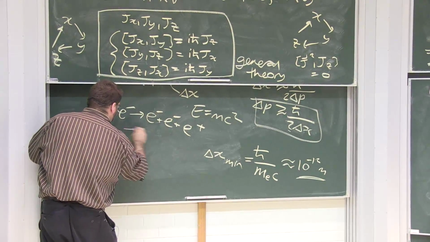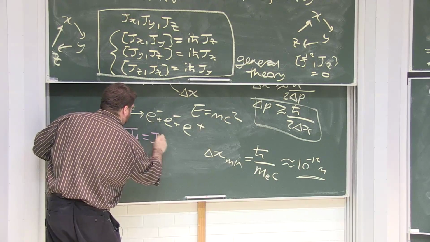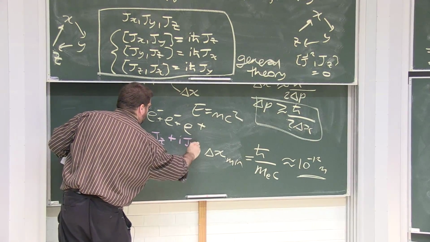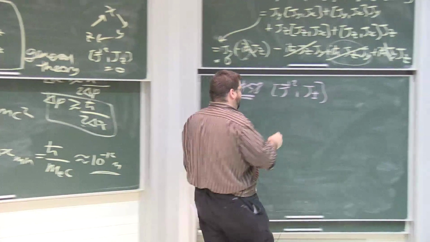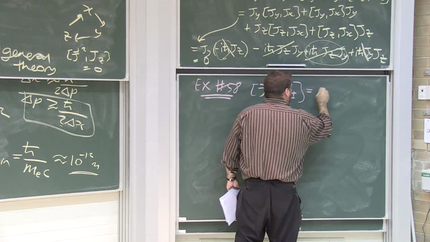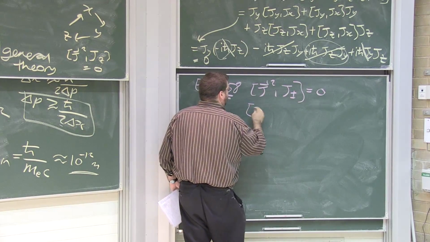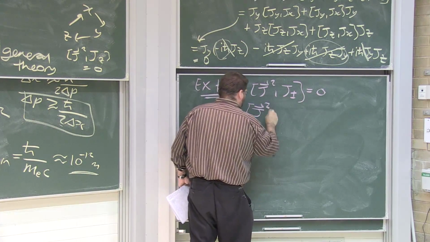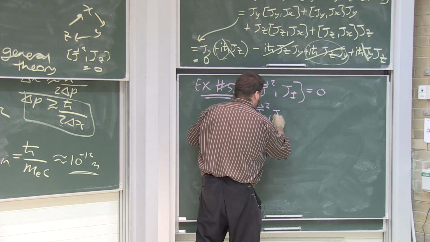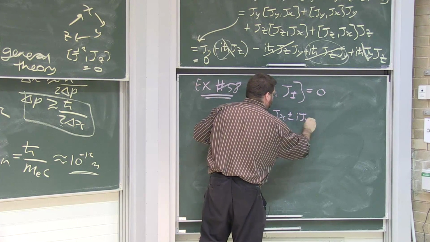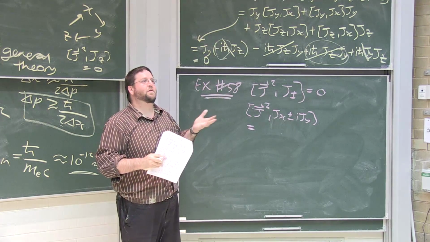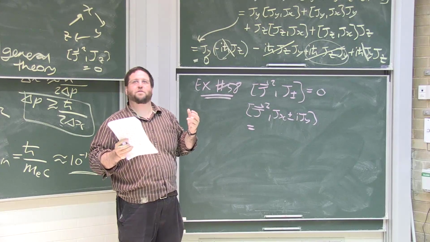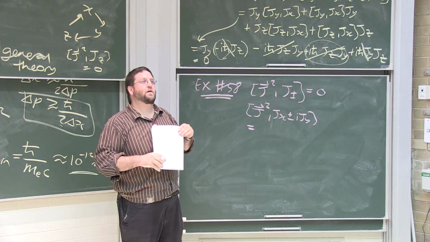I'll just remind you that J plus is Jx plus iJy, and J minus is Jx minus iJy. So the first thing is to show that this commutator equals naught. I've got a Jx, I've got a Jy. I'd now use the distributive formula.